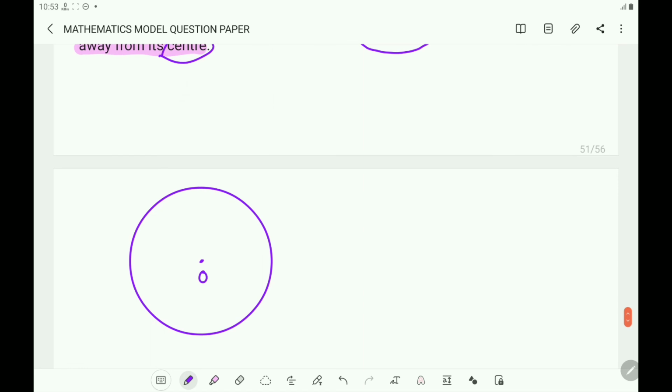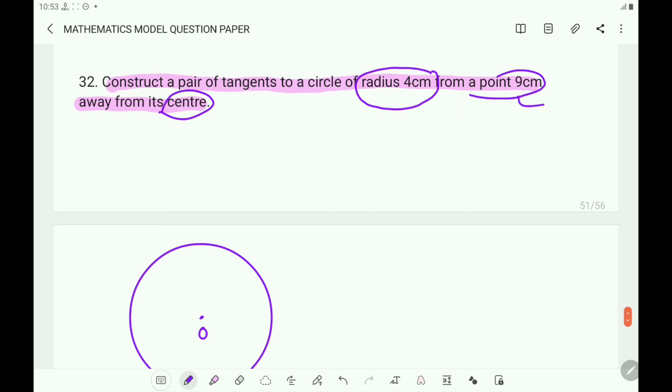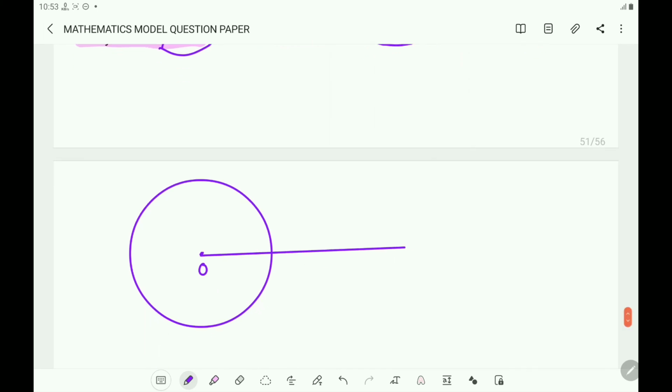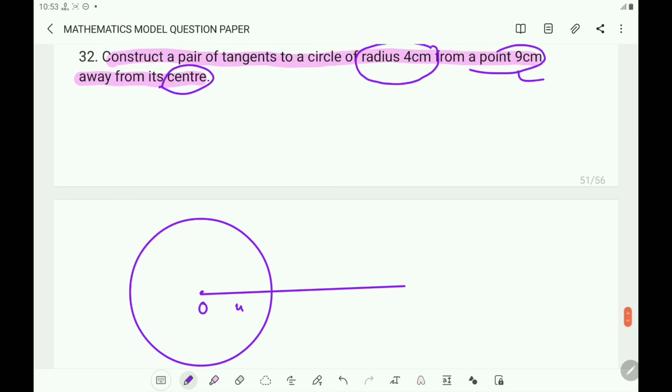So take a scale and draw a line of 9 cm. From here to here it is 4 and 5, 9 cm. Name it as P. P is the external point which is 9 cm away from the center.